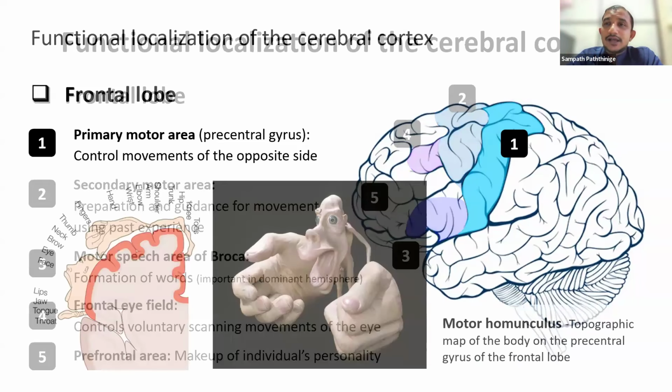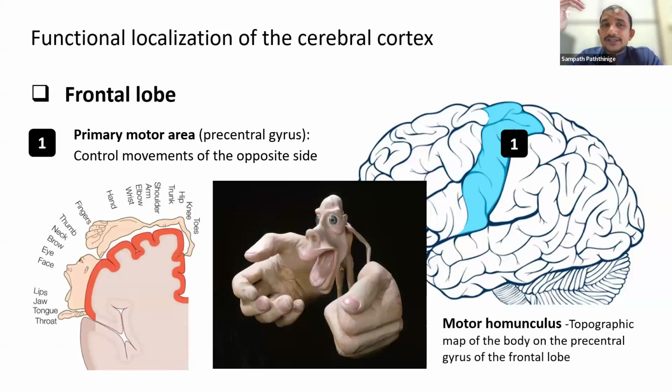You know that the different areas of the human body are not proportionately represented in the motor cortex. There is a huge area for the region of the hands as well as the face. This is known as the motor homunculus.